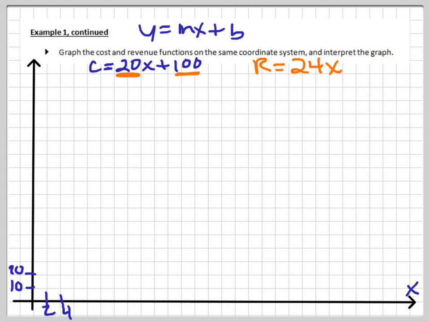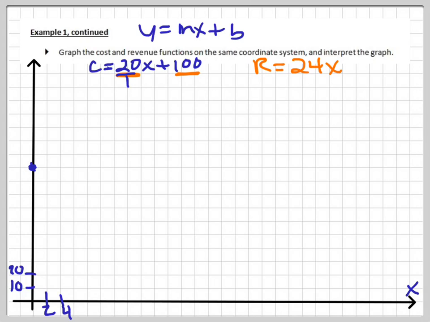So my first line for cost, I have an intercept of 100, so 10, 20, 100 would be here. And then my slope is 20, so I'm going up basically 2 squares every time. This is 20 over 1.